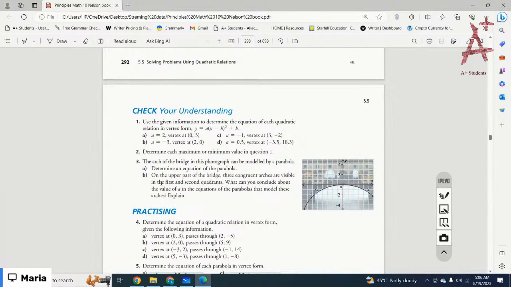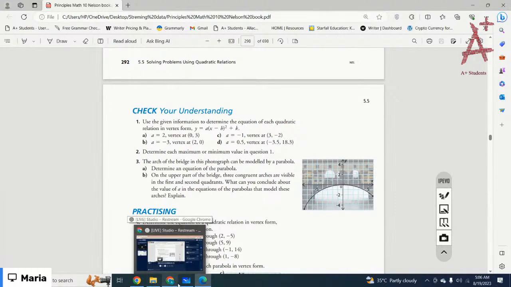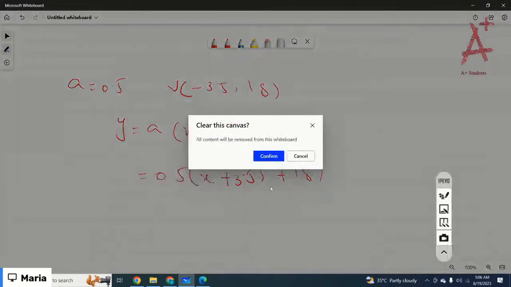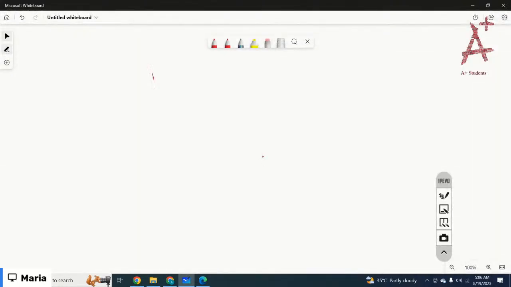Okay, determine the equation of the parabola. You can see the vertex of the parabola is 0, 0, so the equation would be y equals ax square.